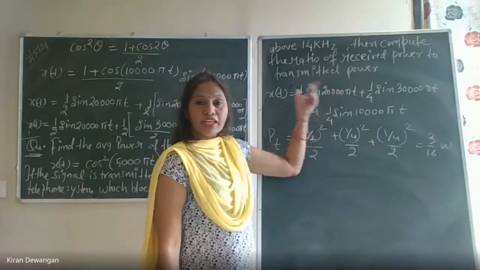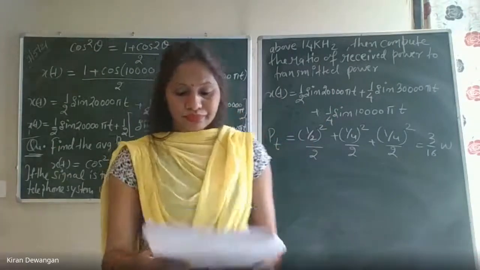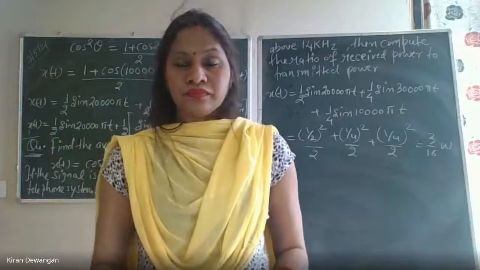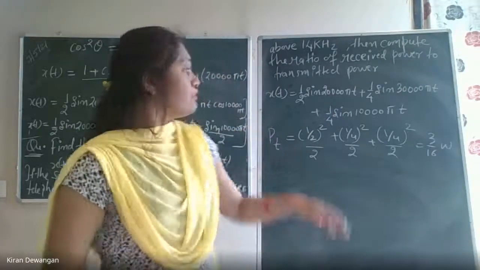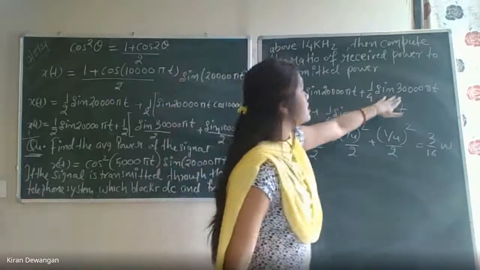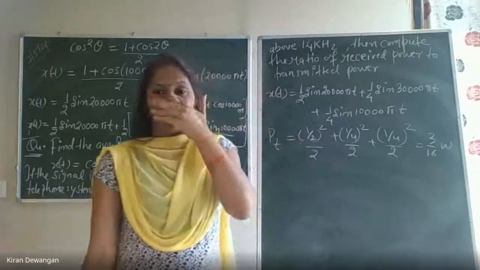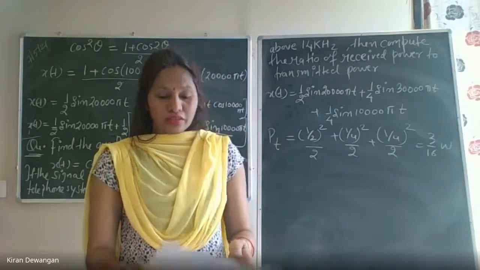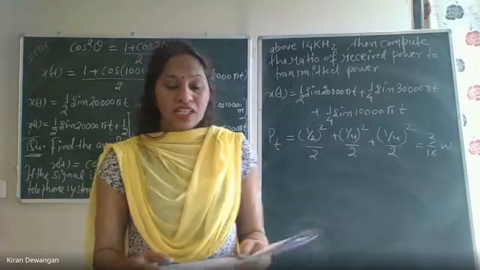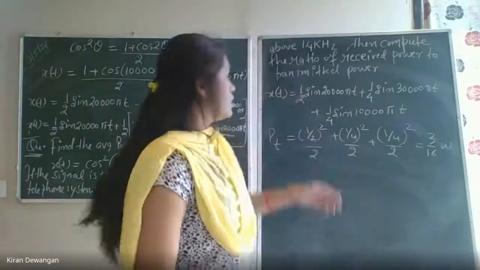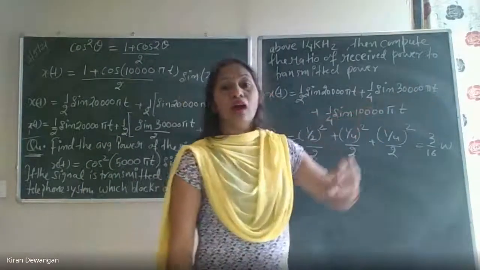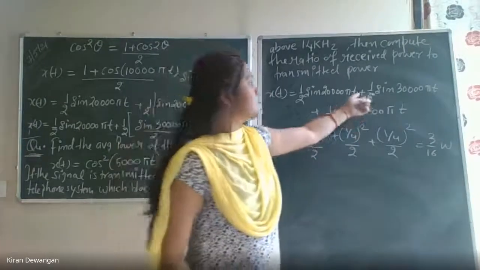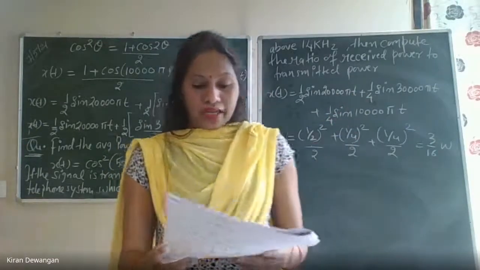Is it above 14 kHz? Tell me fast. The first term, second term, and the third term. Which will get blocked when the signal is transmitted? 1 by 4 sin 30,000 pi t.